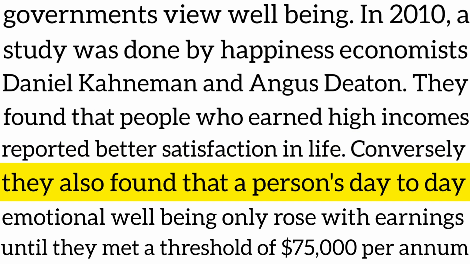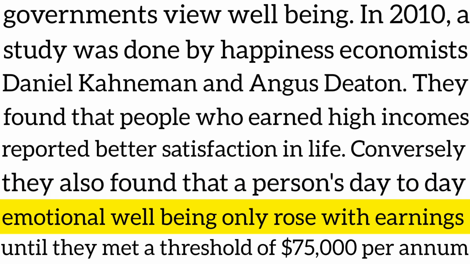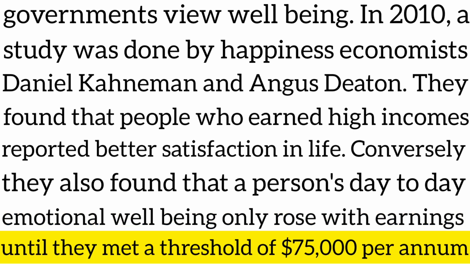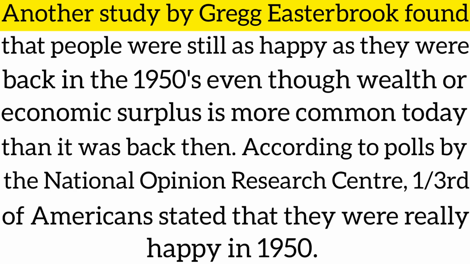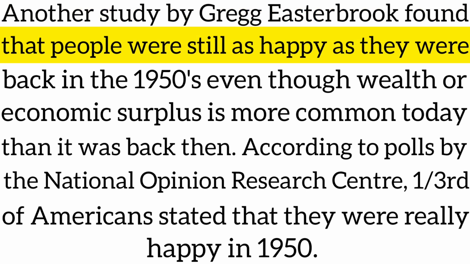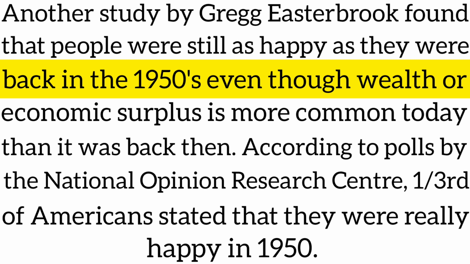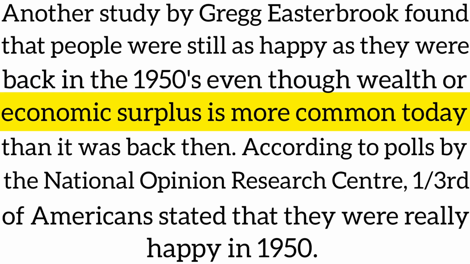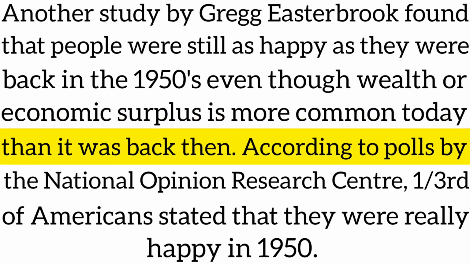Conversely, they also found that a person's day to day emotional well being only rose with earnings until they met a threshold of $75,000 per annum. Another study by Greg Easterbrook found that people were still as happy as they were back in the 1950s, even though wealth or economic surplus is more common today than it was back then.